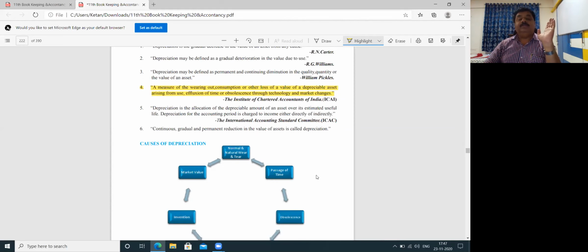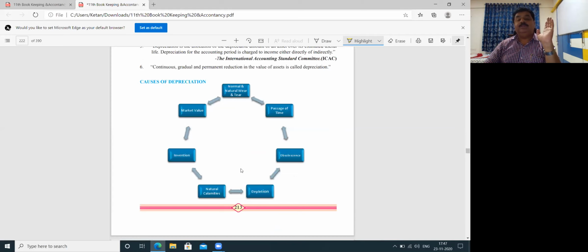Now, they have given you the causes of depreciation. Look, normal and natural wear and tear, passage of time, then obsolescence, depletion. What is depletion? Depletion means exhaustion, completely exhausted. By the way, the depletion term is applicable for wasting assets. Wasting, that is the spelling. And wasting assets example, do you know?